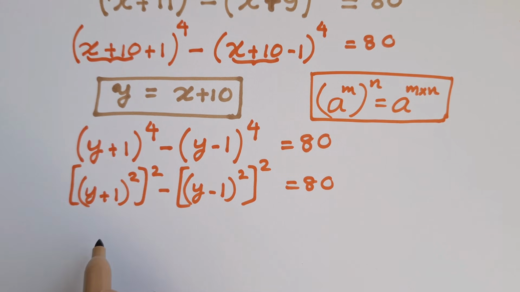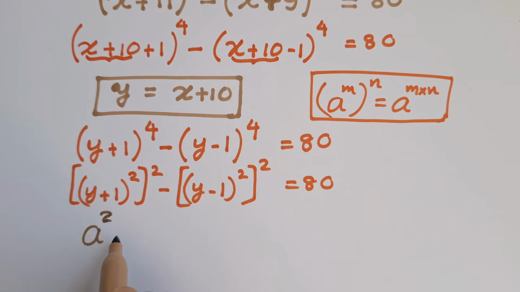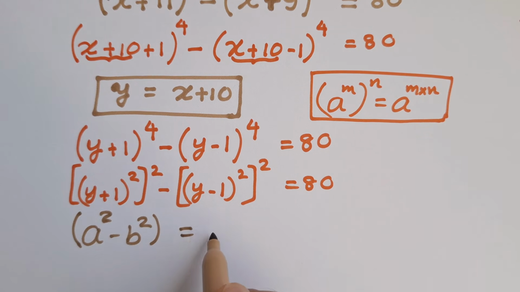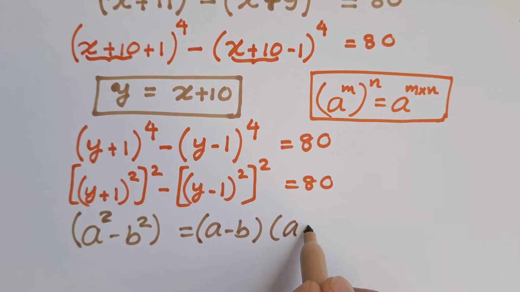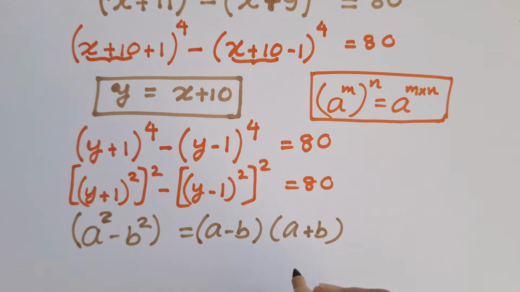Now we know that for any real numbers a and b, a squared minus b squared is equal to a minus b times a plus b. So I'm going to apply this rule to my equation in the next step.